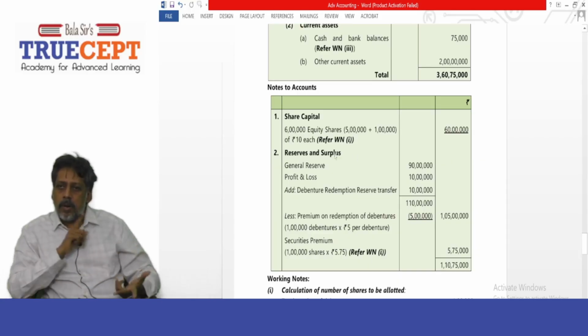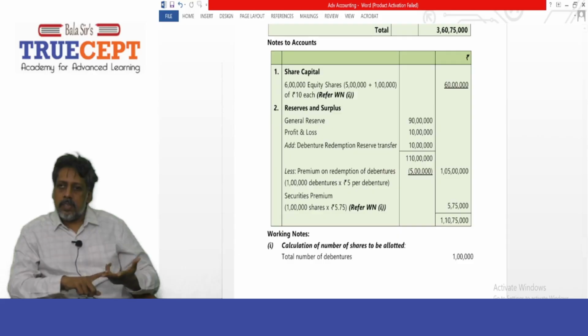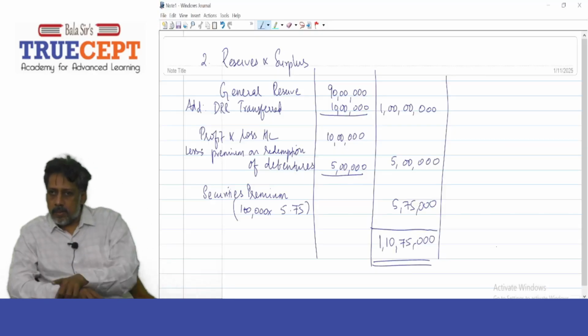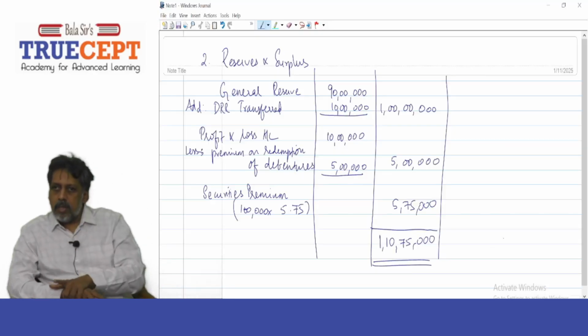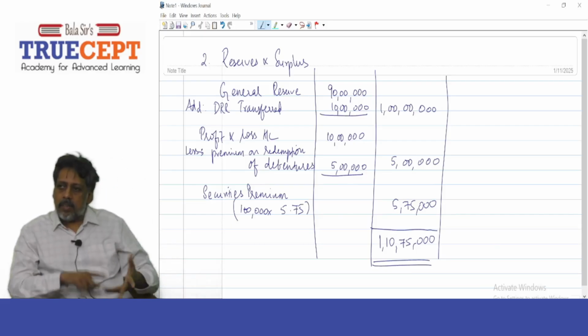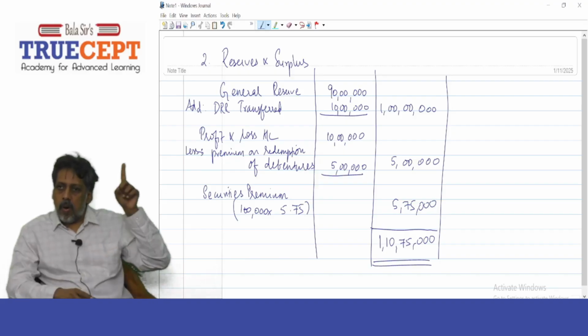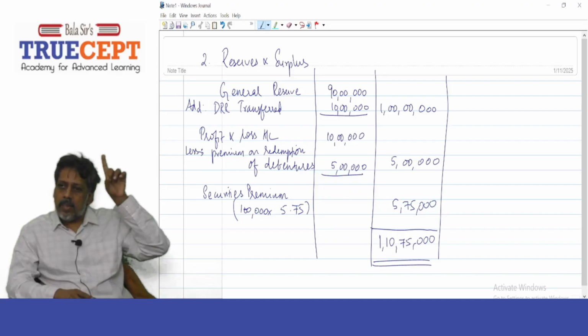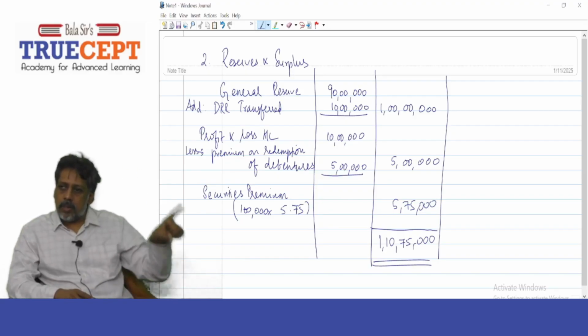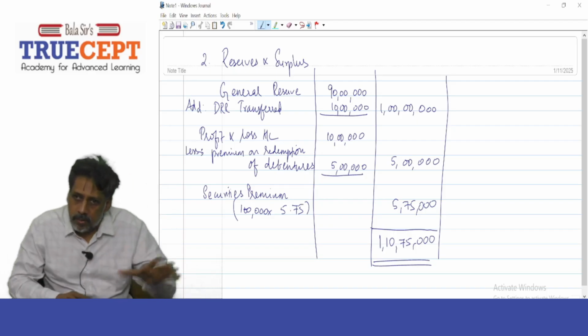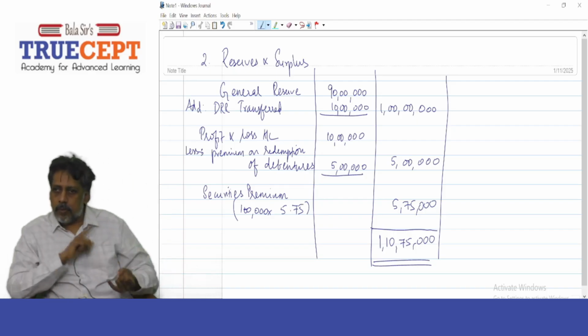Then comes note number 2, that is reserves and surplus. So what is the balance in general reserve given in the question? 90 lakh. And we know that whenever the debentures have been redeemed, the balance in DRR, debenture redemption reserve, will be transferred to general reserve. How much? 10 lakh transferred. So in all, 1 crore will be the balance in general reserve.